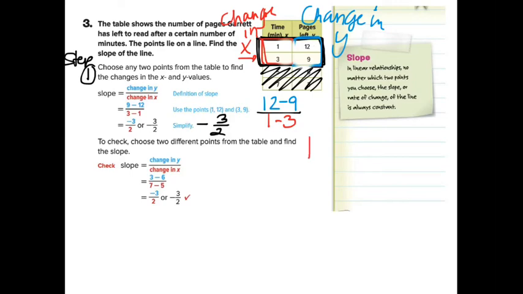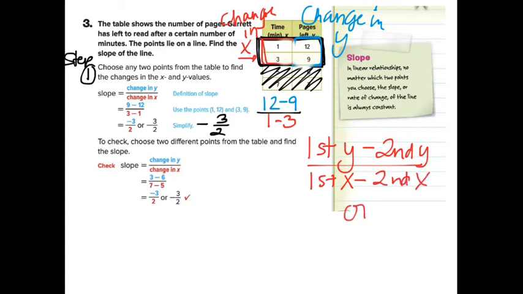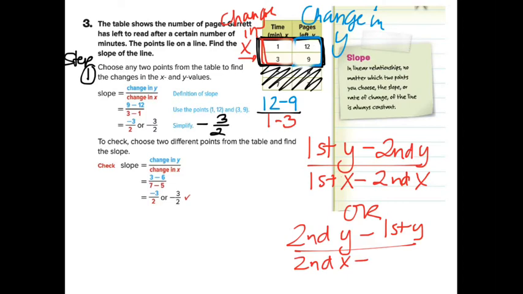So: first y minus second y over first x minus second x, or second y minus first y over second x minus first x.